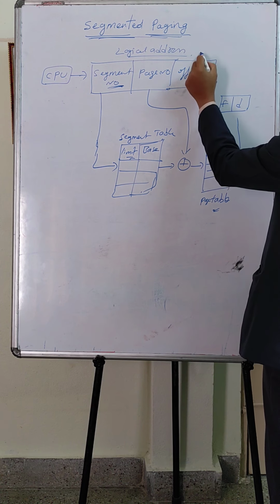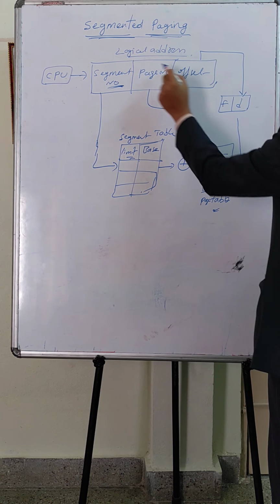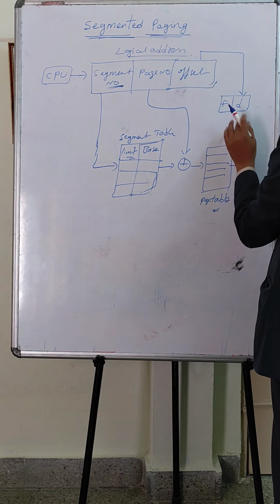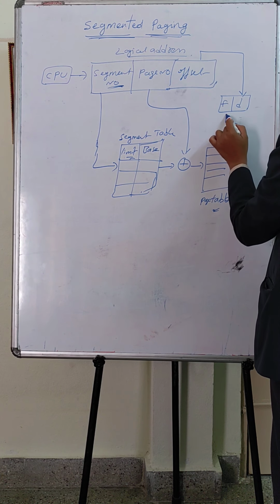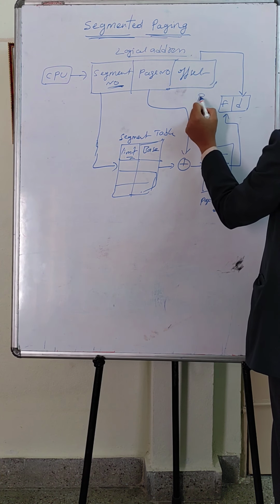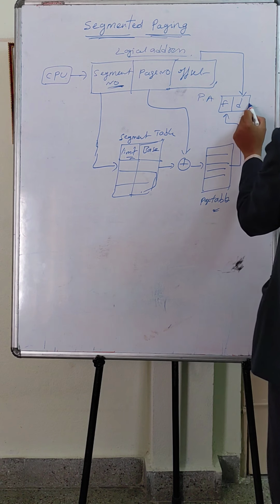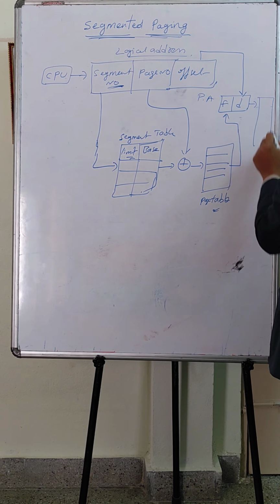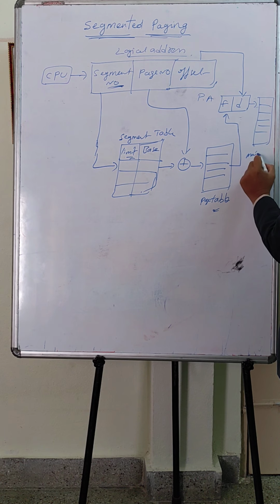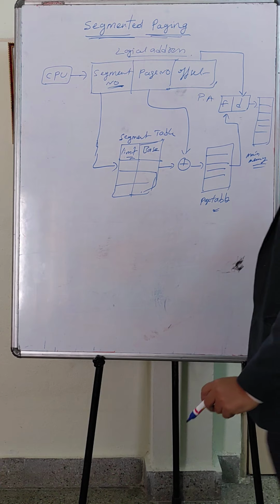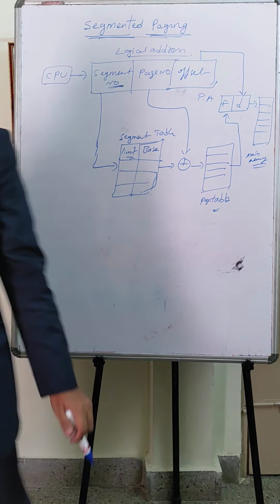This offset will be the same as the logical offset. This is the physical address, PA, which goes to main memory. This is main memory.